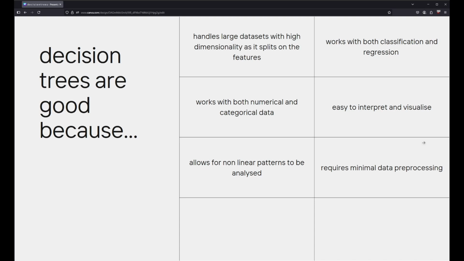It works great with classification and regression. It's an algorithm that can do both. It works with numerical data and categorical data, so we don't need that much data pre-processing, so it's good in the real world, when making your machine learning models, as it's quite an easy, quick thing to do. And it also allows for non-linear patterns to be analyzed.